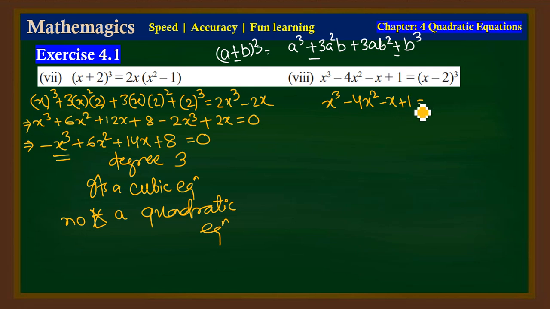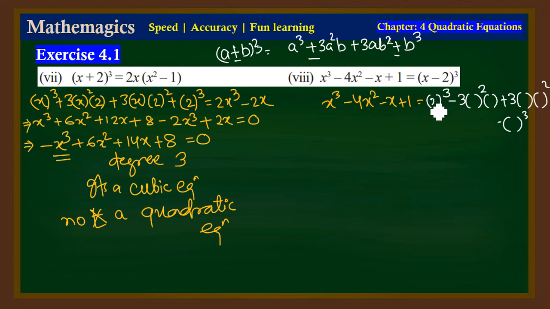Now the last one we are going to do, this is x cube minus 4x square minus x plus 1 is equal to, the right hand part we are going to solve. So again with the help of the formula, a cube minus 3a square b plus 3ab square minus b cube. So here x and 2.